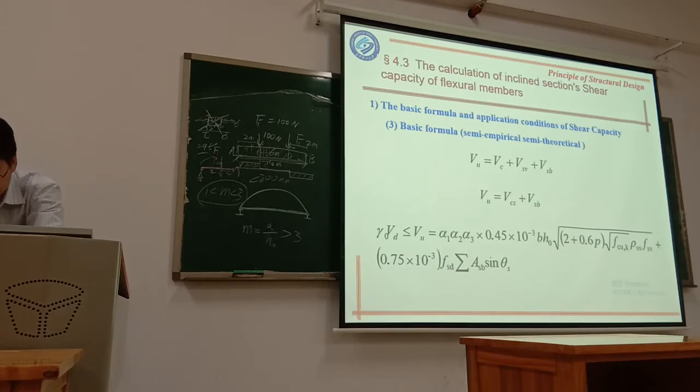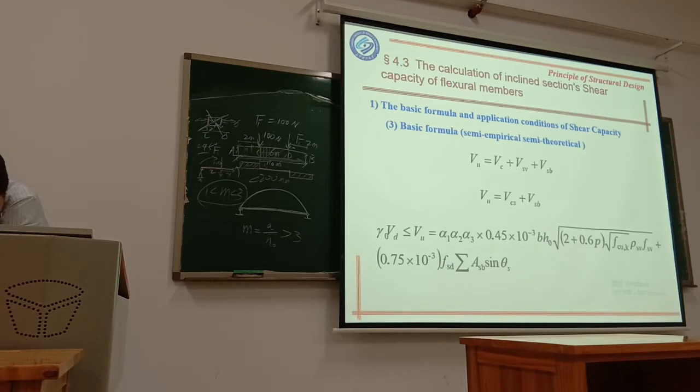You see, they have different values. For simply supported beam and continuous beam near the edge support, alpha 1 equals 1. For continuous beam and cantilever beam near the intermediate support, alpha 1 equals 0.9. So it is divided into these two different situations.